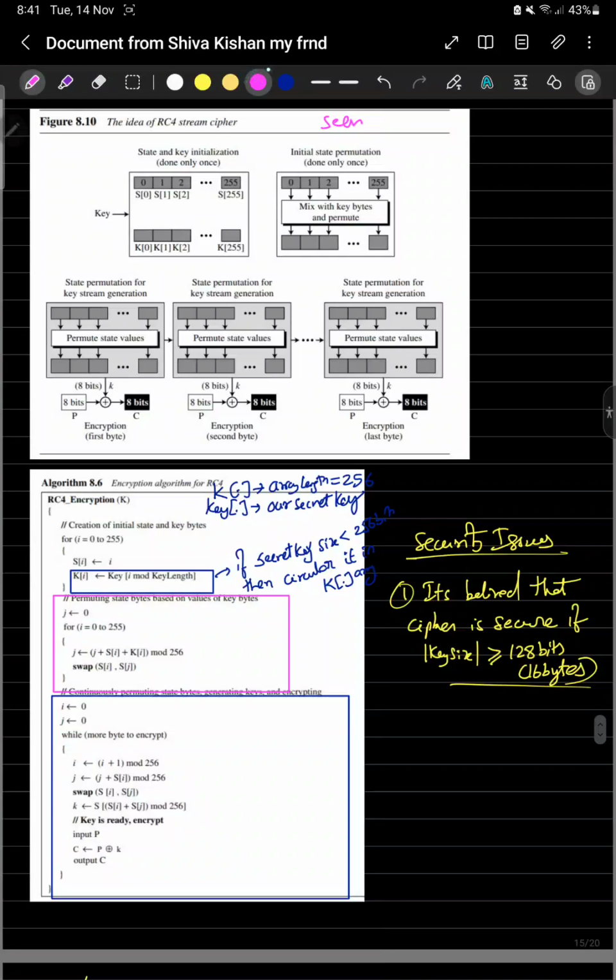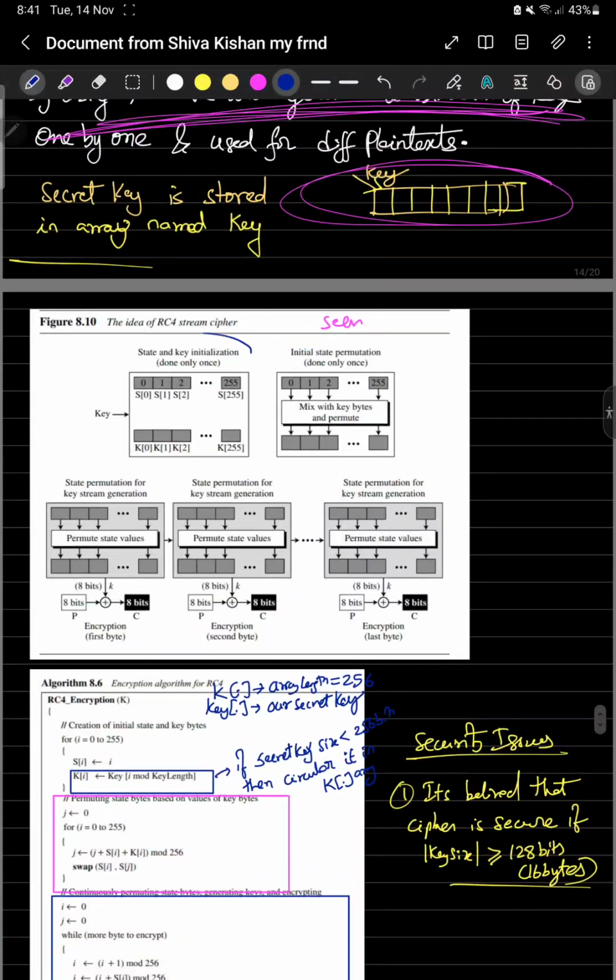So here first is key initialization, state initialization. In the key initialization, if you observe, this K is one array.